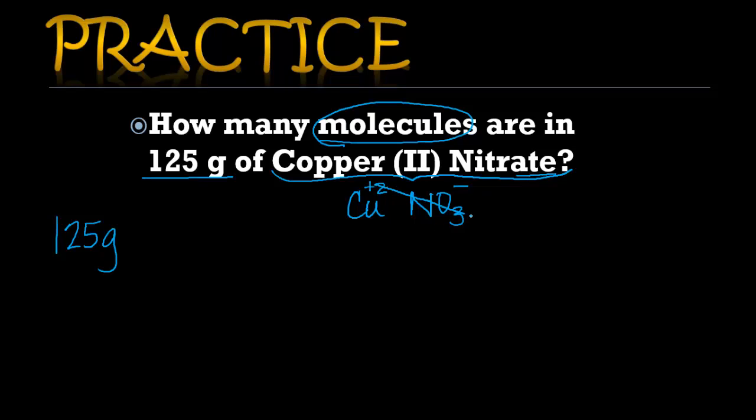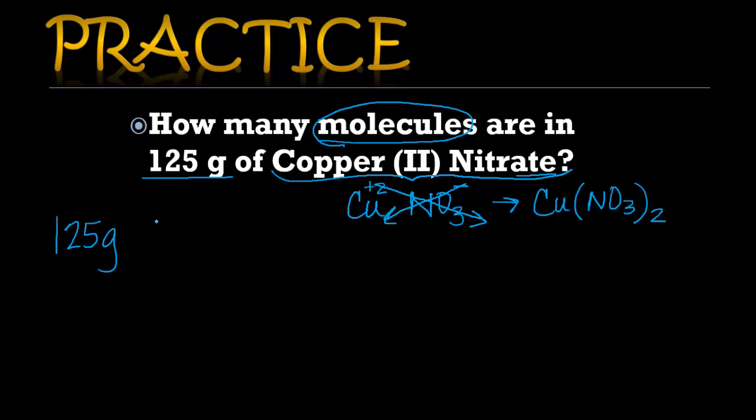So then we're going to crisscross our charges, and we're going to get the formula Cu(NO3)2. Again, NO3 in parentheses because we're going to need 2 of them.